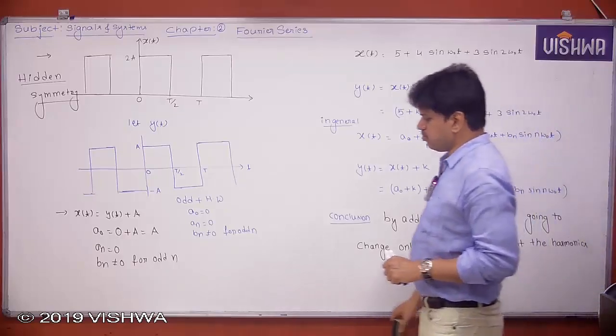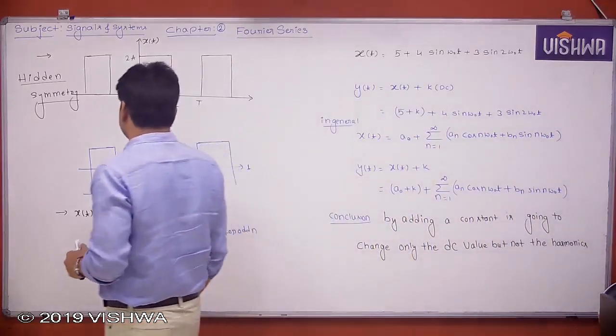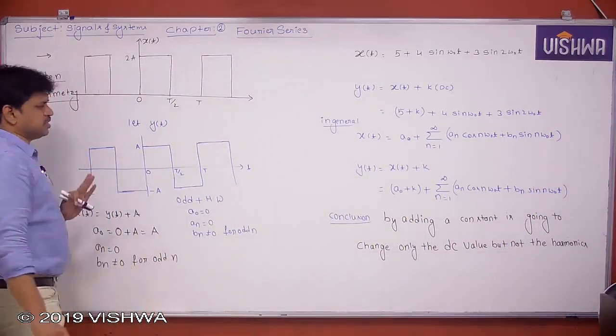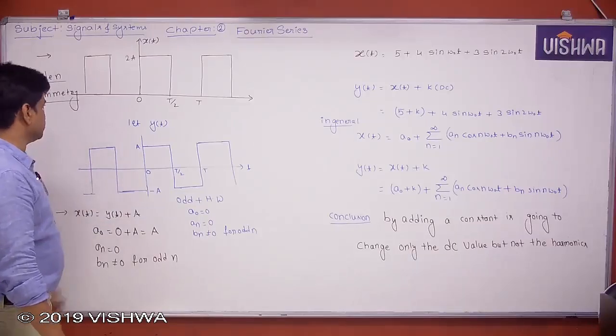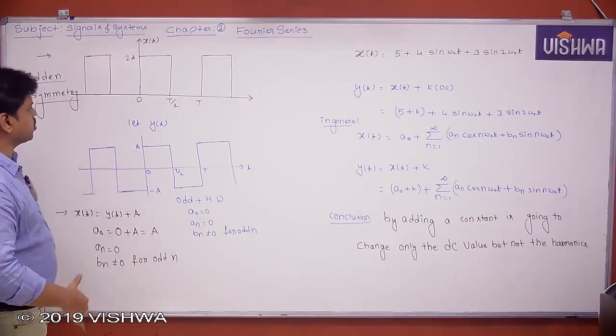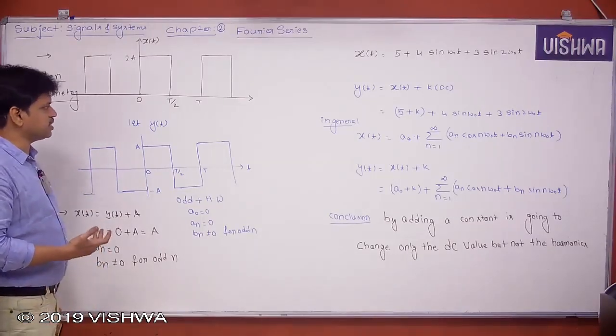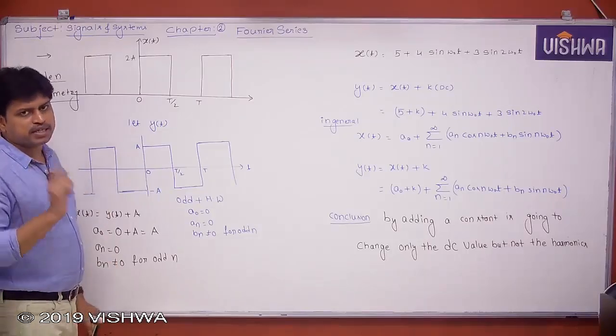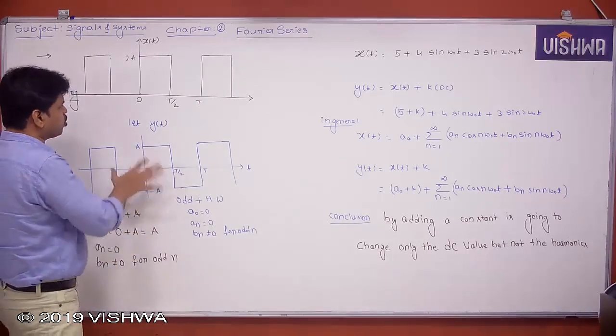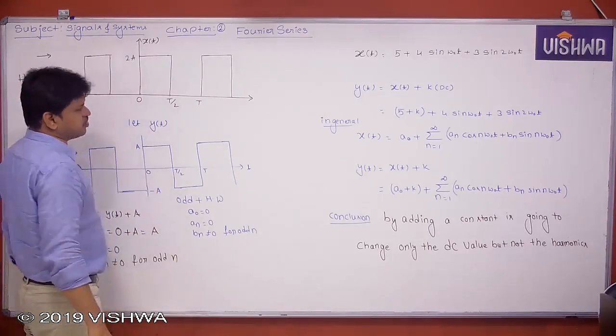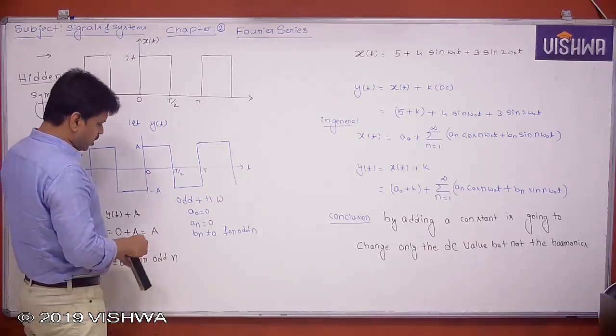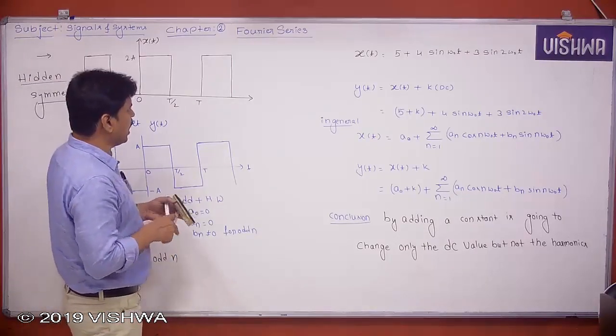We can find hidden symmetry in a given signal. So in examination, check every time whether hidden symmetry is there or not. The way we get hidden symmetry is by manipulating the DC value. So forget about y of t. First find x of t. What is the average value here?